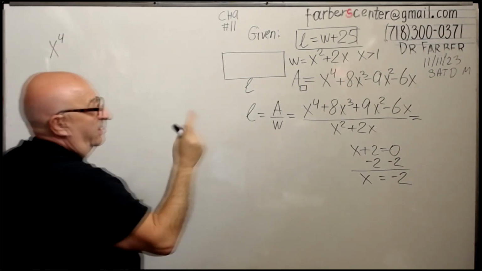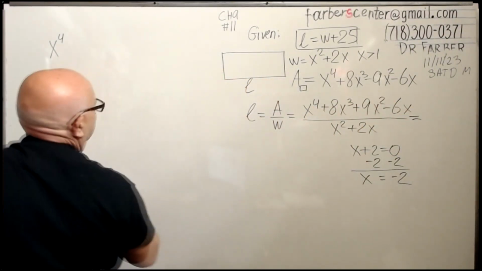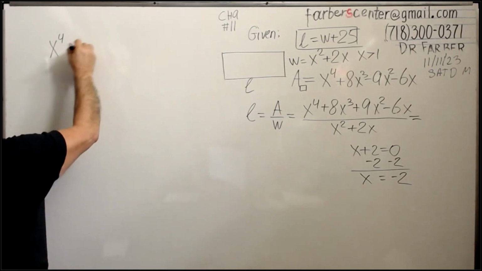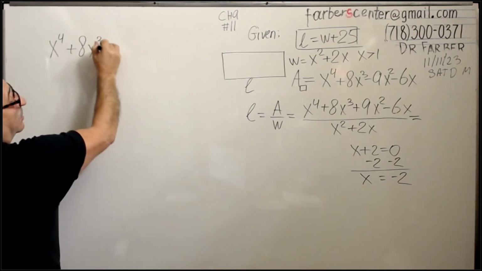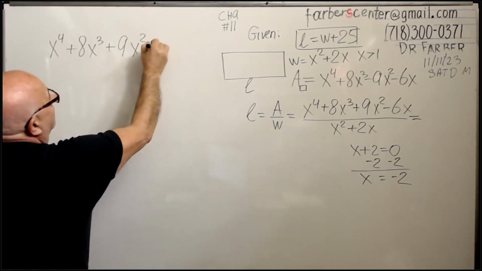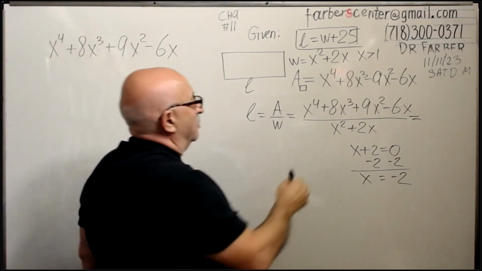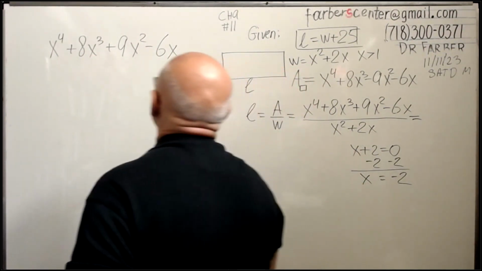Always check that you don't have gaps. 4, 3, 2, 1, no gaps in powers. Plus 8x to the third. Plus 9x to the second. And minus 6x. And I divide it by x squared plus 2x.